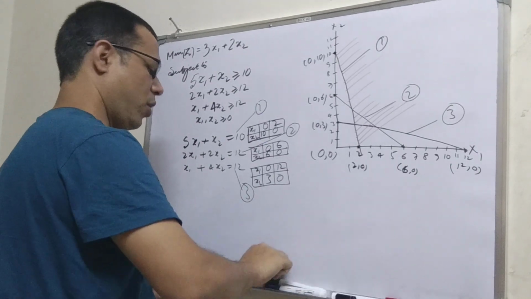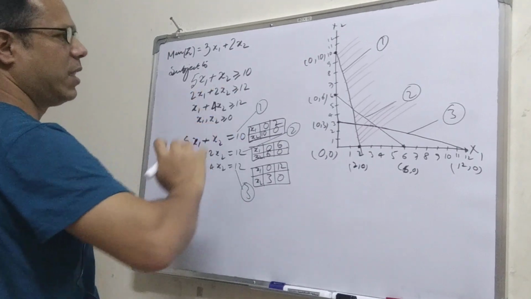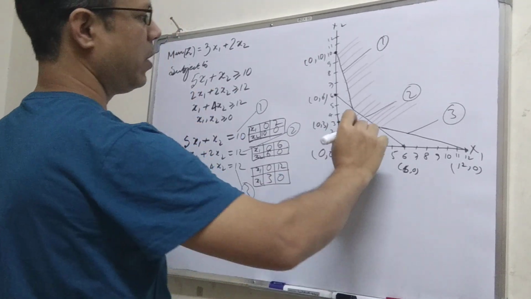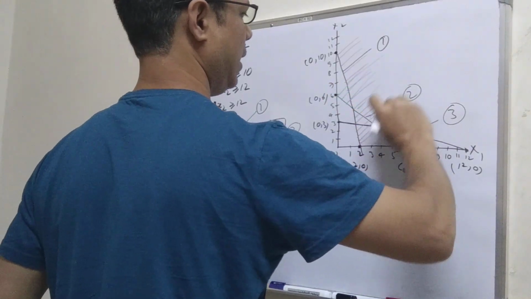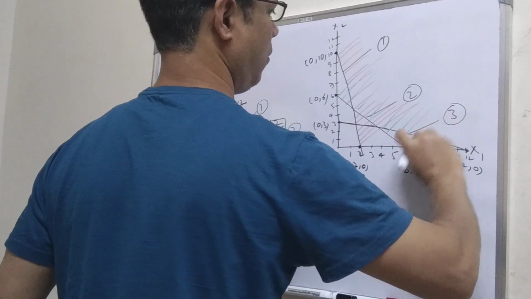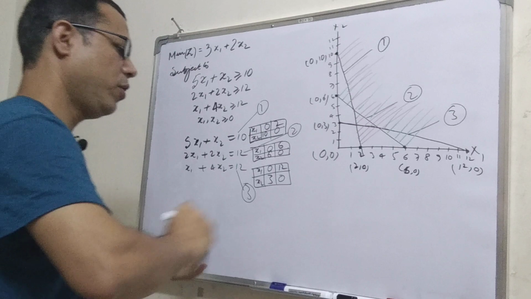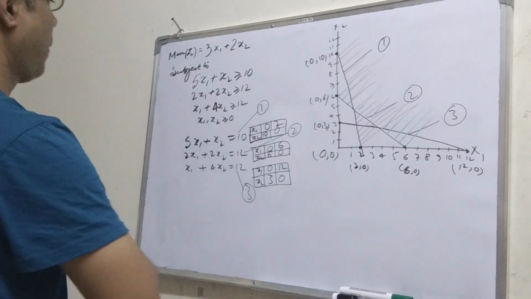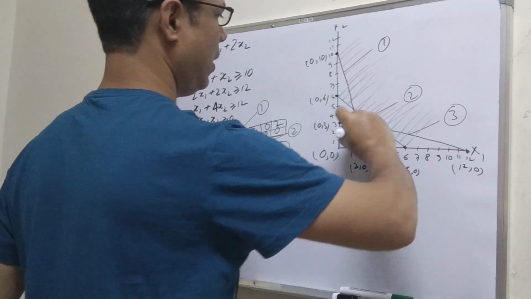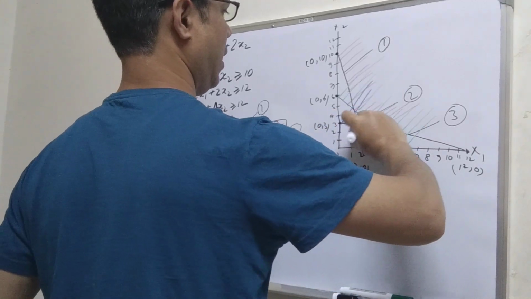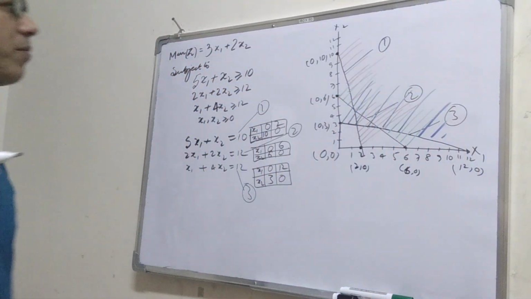Similarly, for the second, 2x1 plus 2x2 greater than or equal to 12, you can draw this second equation in this form. Next, the third equation shows x1 plus 4x2 greater than or equal to 12. So the third equation is this one.